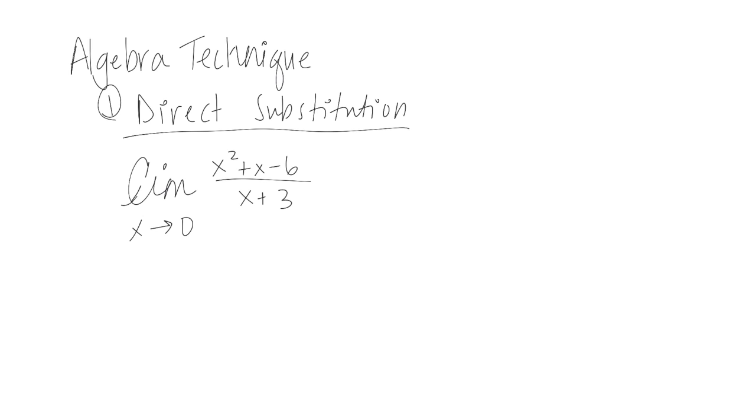I'm allowed to substitute in the value here because it's defined at 0. So I am allowed just to plug in 0, so this is going to equal 0 squared plus 0 minus 6 over 0 plus 3, which is just negative 6 over 3, negative 2. So the limit of this function as x approaches 0 is just negative 2.